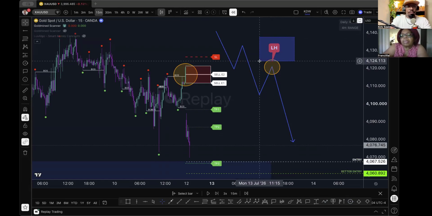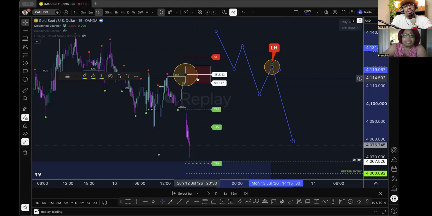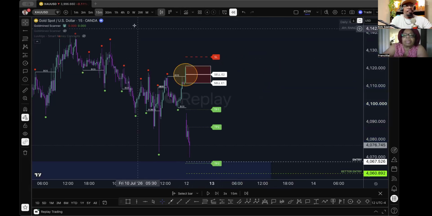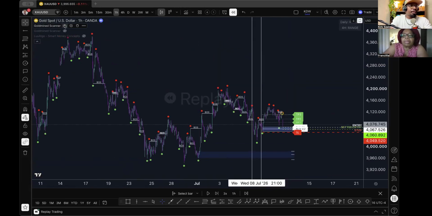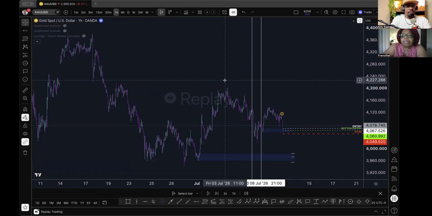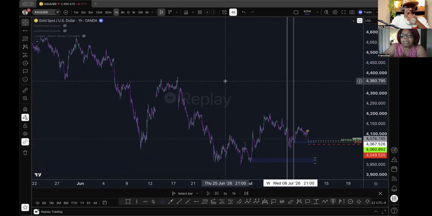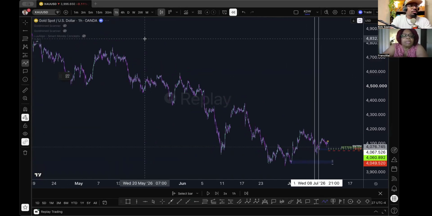So we're just going to spend a little time. We're going to draw some lines on this chart to see if it lines up to be a lower high. Let me get rid of some of this noise. Let's see if we can make this make sense. All right. So all we do, we pick a random point on this chart to start, and then we can move from there.